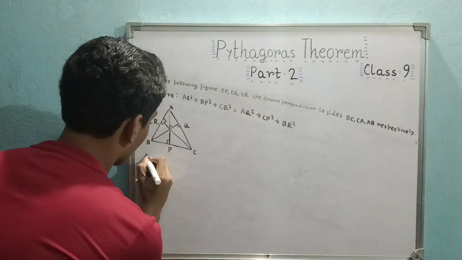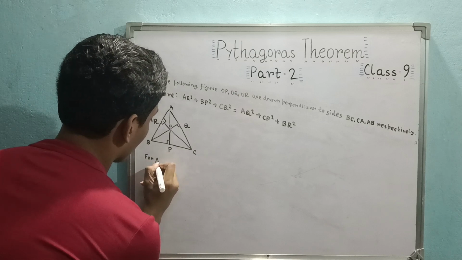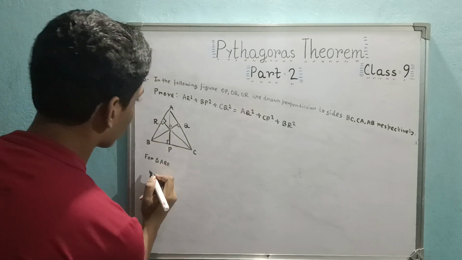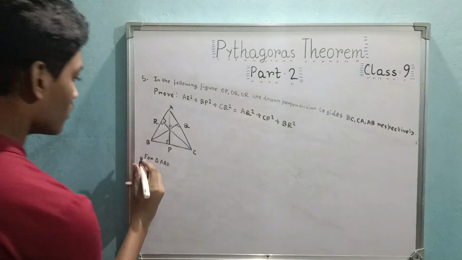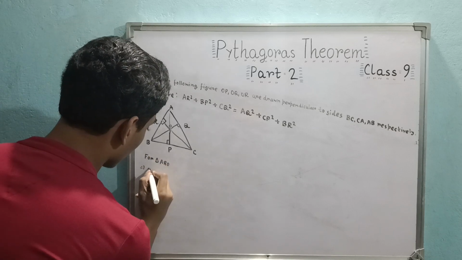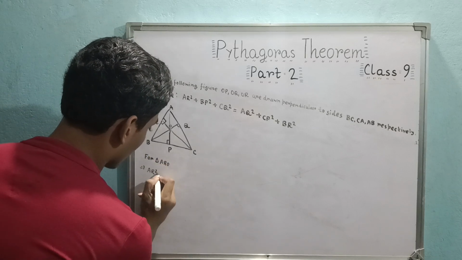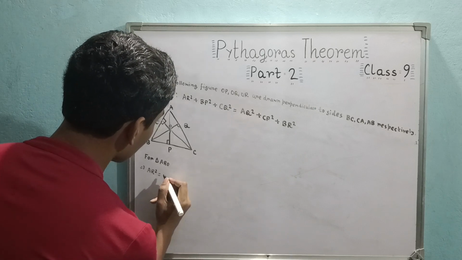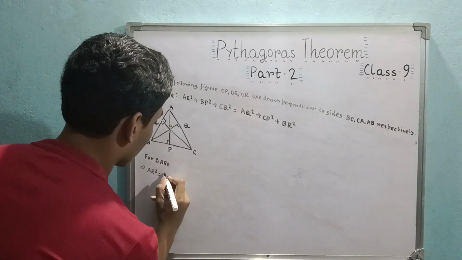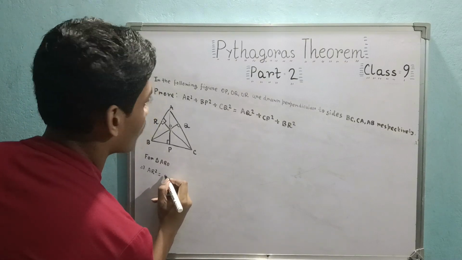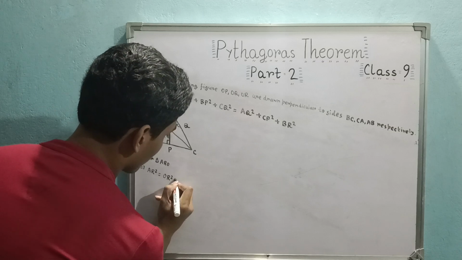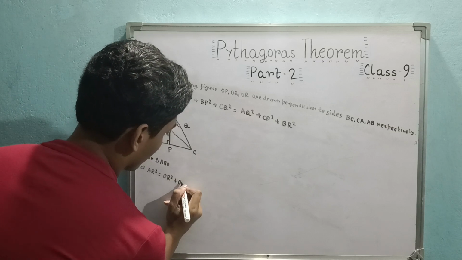For triangle ARO, your hypotenuse is AR. AR square equals OR square plus OA square.